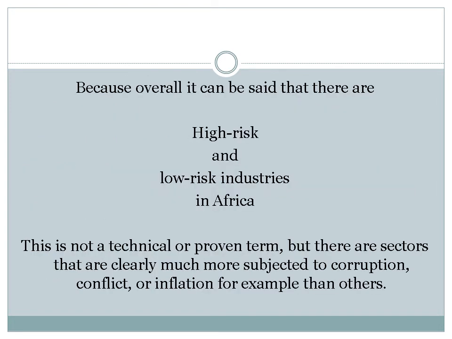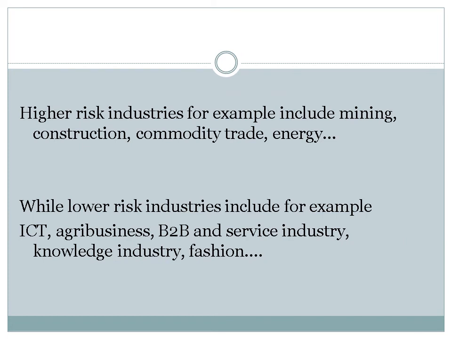Because overall it can be said that there are high risk and low risk industries in Africa. This is not a technical or proven term, but there are sectors that are clearly much more subject to corruption, conflict, or inflation, for example, than others. Higher risk industries, for example, include mining, construction, commodity trade, energy, among others. While lower risk industries include, for example, ICT, agribusiness, business-to-business and service industry, knowledge industry, fashion, among others.